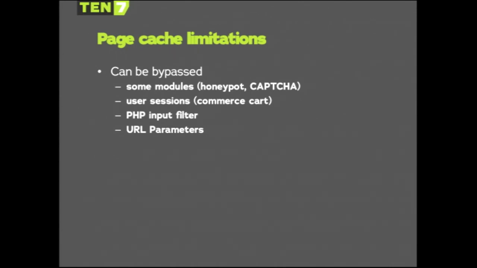Also, things like URL parameters, and this relates to the fact that the page cache is keyed by URL. So when you have, for example, a Google request that adds a UTM source variable or a parameter at the end of your URL, or anything that adds a little bit of extra information to the end of your query, that's a new URL.